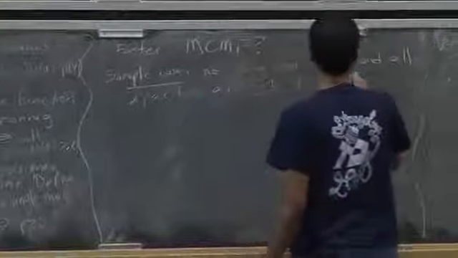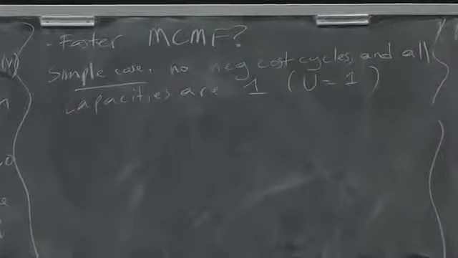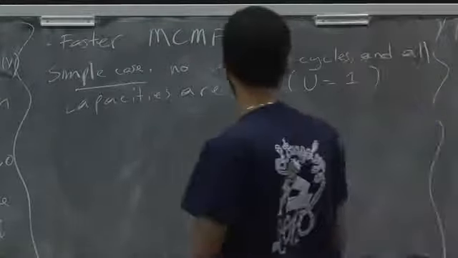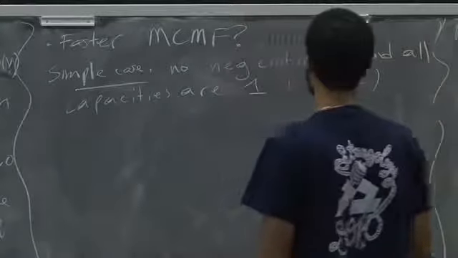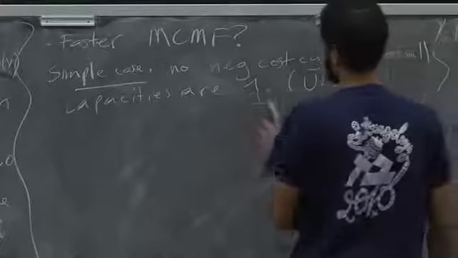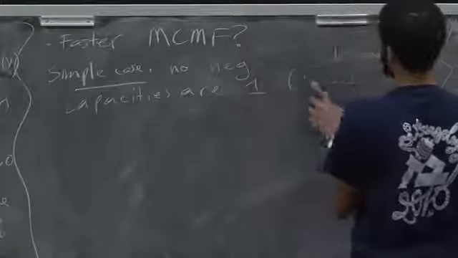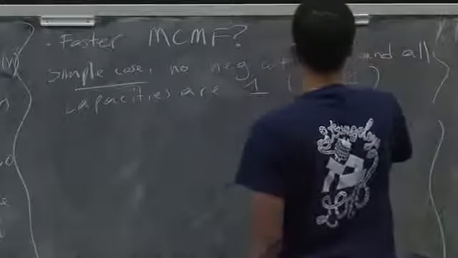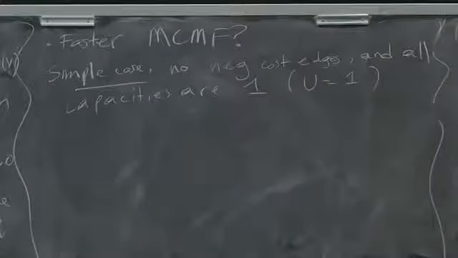So this U is 1. Actually, let me make it even simpler. And let me just say there are no negative edges at all.